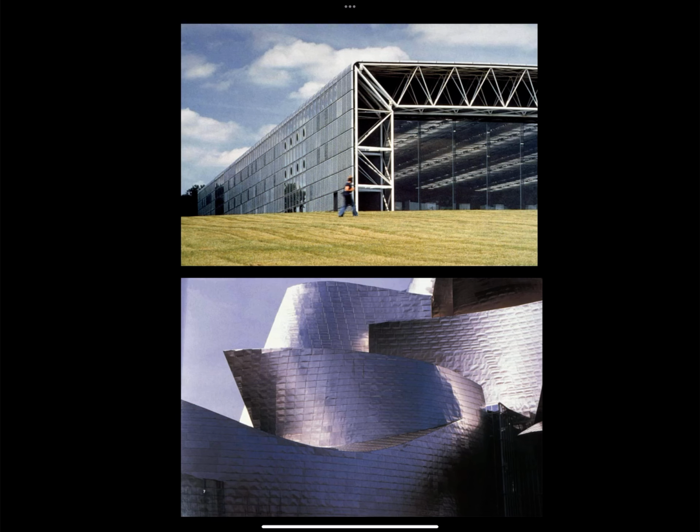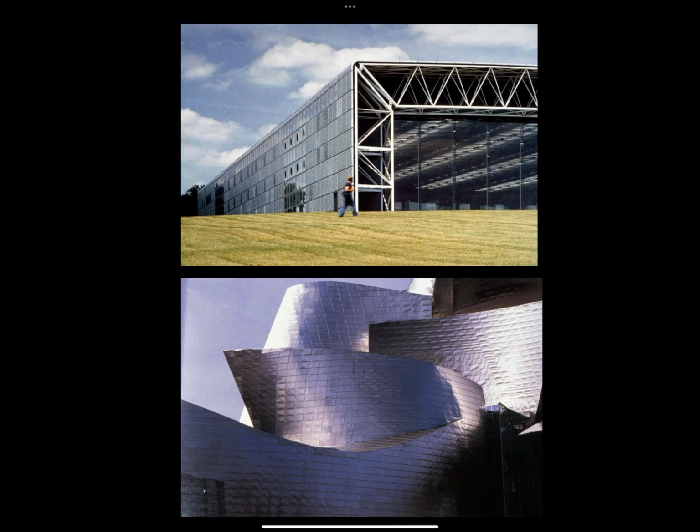On the Sainsbury Centre, the cladding panel provides a finish both on the exterior of the building and the interior. So we have a very thin sheet of aluminum bonded to both the outer and the inner face of the cladding panel. On Bilbao, the titanium cladding is an exterior finish only.